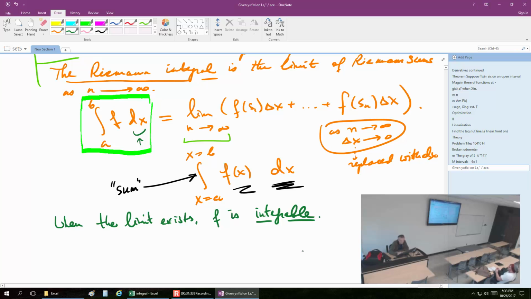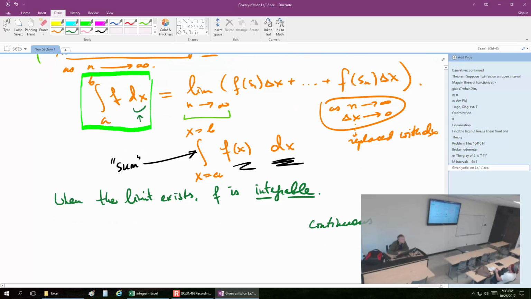So remember now, continuous. And what about when the derivative exists? What's the word? What do we call functions with derivatives?